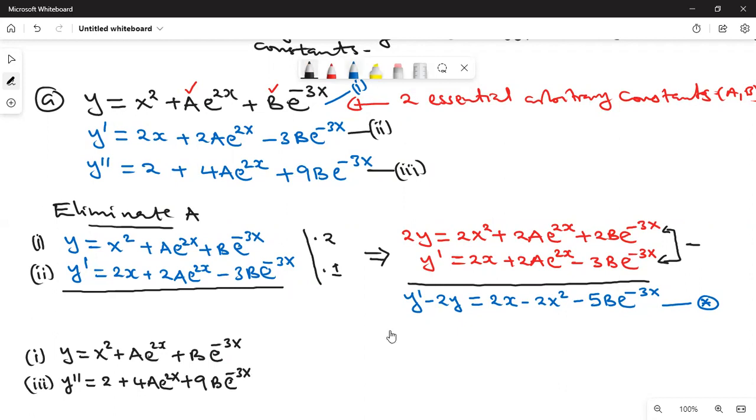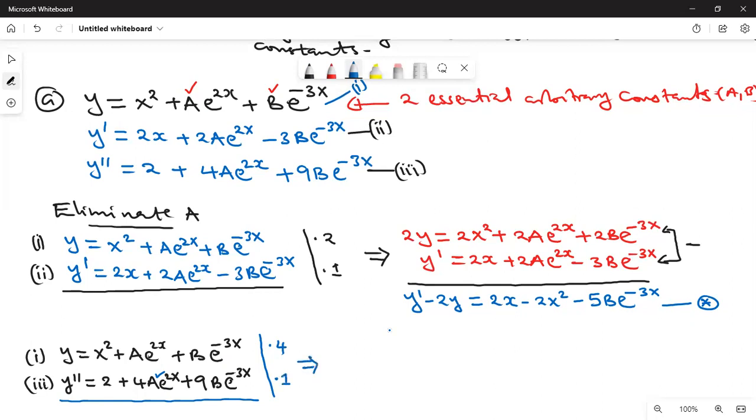Now, what do we do again to get rid of a? You must ensure that the coefficient of a is the same. Here it is 4, but here it is 1. So I have to multiply the first equation by 4 and the other equation by 1.